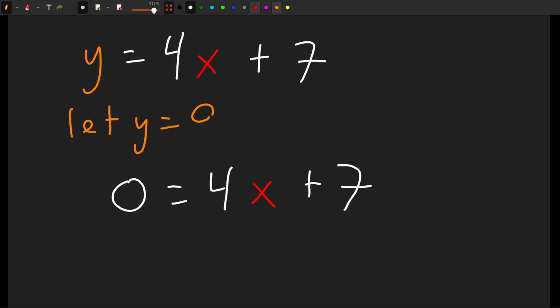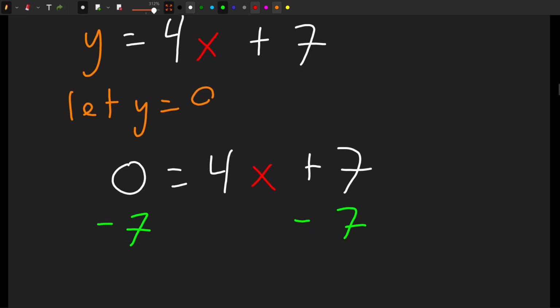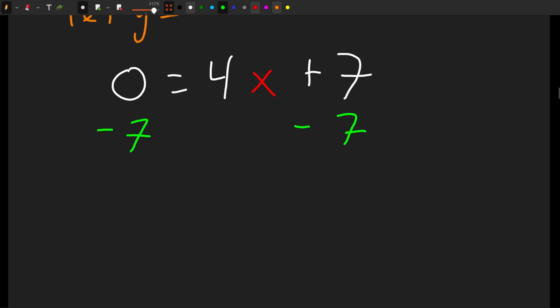And then to think about it in simple terms, we're just going to subtract the 7 over. It's really just the inverse of whatever this number is here on the right, is now what we have on the left side of the equation. And so I'm left with negative 7 is now equal to 4x. I'm going to divide by 4 like we always do.